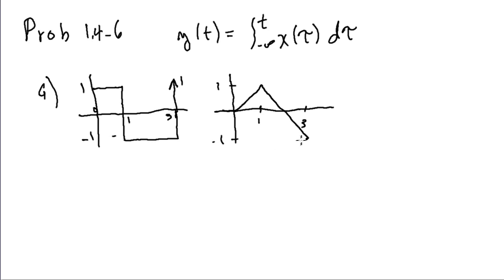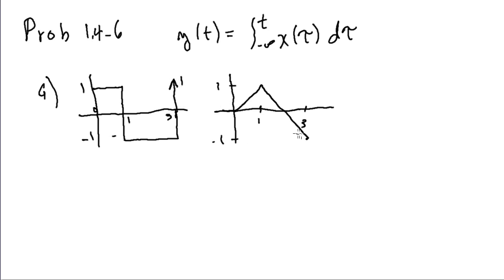Now, if this were all the components in the function, the result would stay at minus 1 forever. But at t equal to 3, I've got an impulse. When I integrate over the impulse, I get an area equal to the weight of the impulse. In this case, that area is plus 1. So at t equal to 3, I'm going to add in an area of 1.